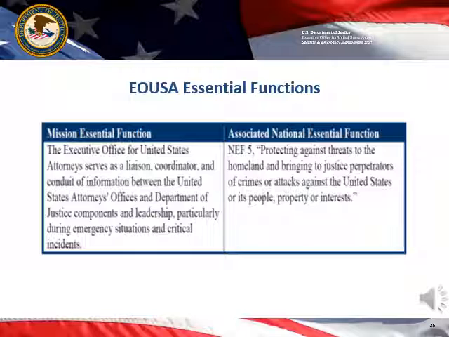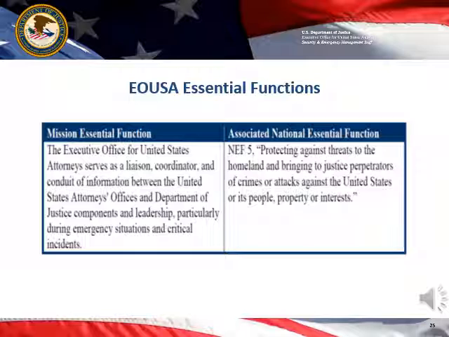EOUSA does have other designated mission essential functions besides its support to offices for U.S. attorneys. Pursuant to the process outlined in Federal Continuity Directive 2, the National Continuity Coordinator approved one mission essential function for EOUSA.